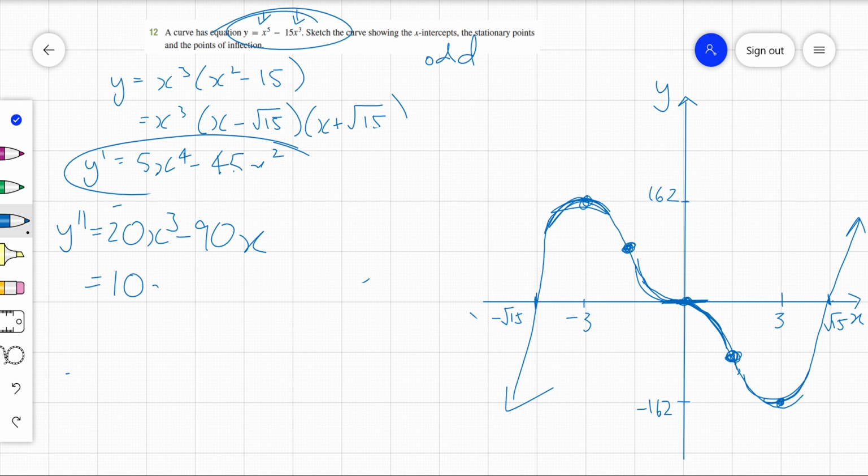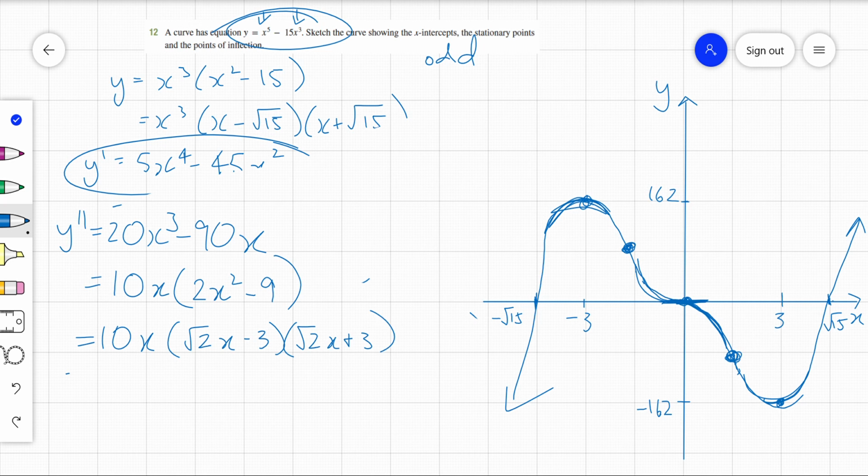So 10x, so 2x squared minus 9. That looks correct, doesn't it? 10x. So if I square both of these, I've got root 2x minus 3 and then root 2x plus 3. That would give me 2x squared minus 9, so that is correct. So maybe I had it correct.